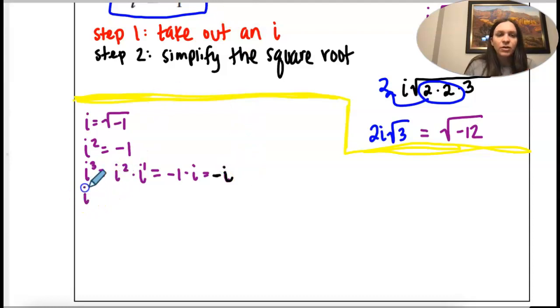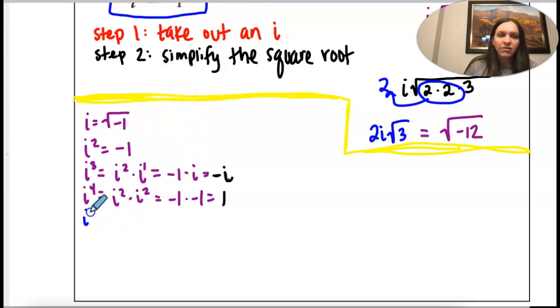i to the fourth, I'm going to rewrite as well using i squared times i squared. So i squared is -1, so -1 times -1 equals +1. And then this cycle just repeats.